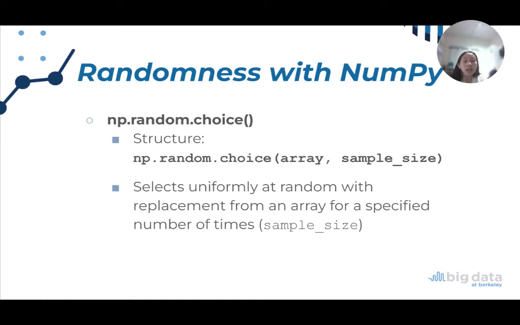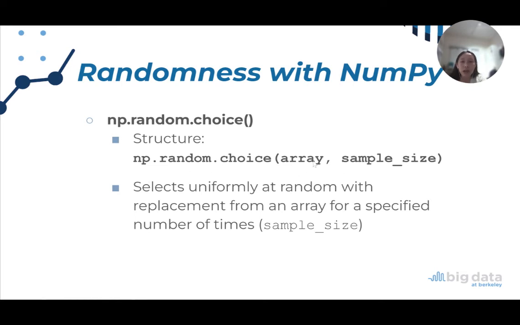So if we're going to talk a little bit about NumPy, since we have basically this entire point, I hope you come to an understanding now that NumPy as a Python library is extremely useful, especially for mathematical functions. And one other function that it offers that is really useful is np.random.choice. So as you can see, this is the structure of np.random.choice.